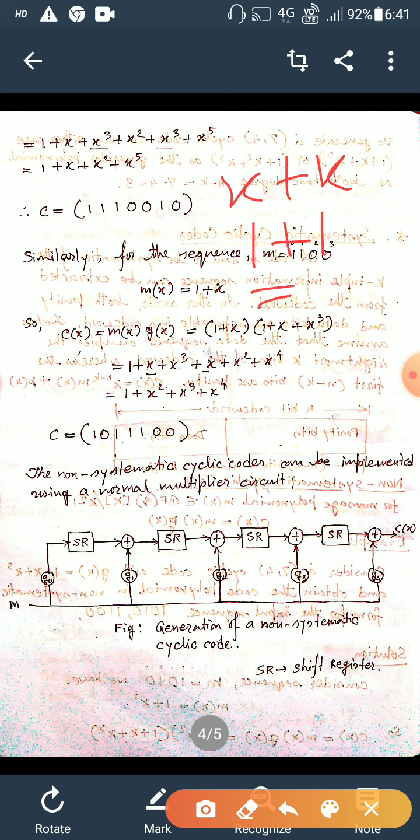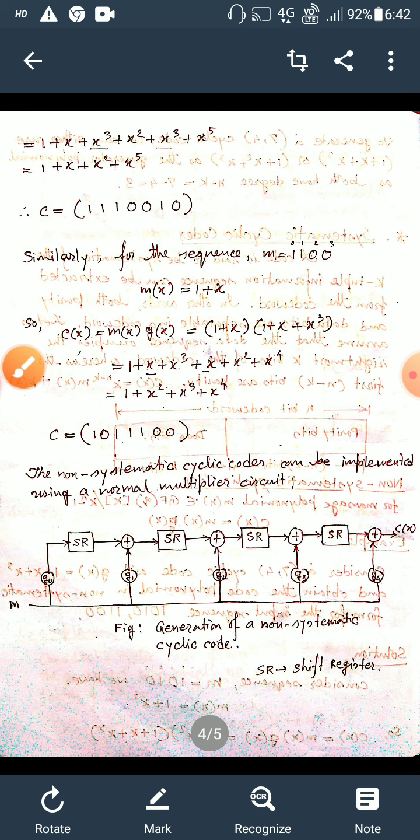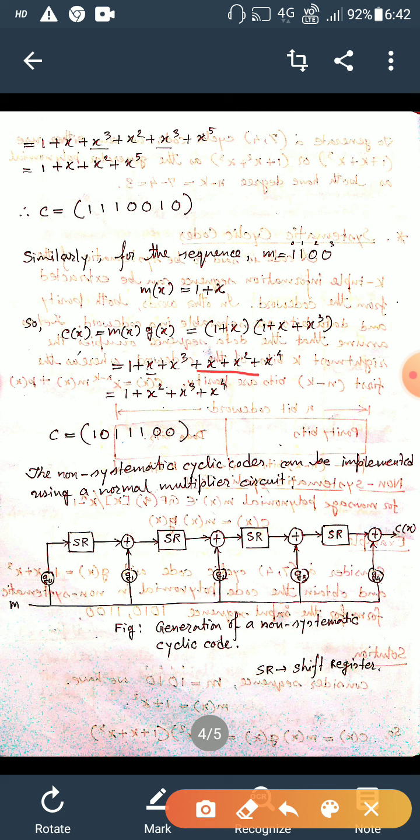For the mod 2 addition, it will be 0. So x into 0, which is common there, so this can be x into 0. So ultimately the x term will be omitted there, and for this reason here x is omitted. So this will be the ultimate equation. You got it there.